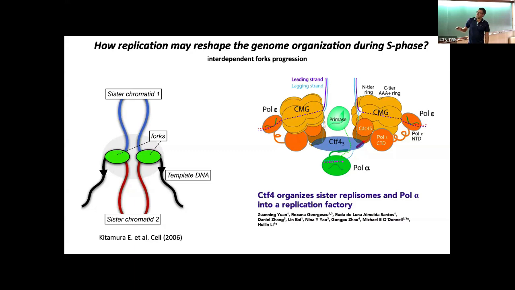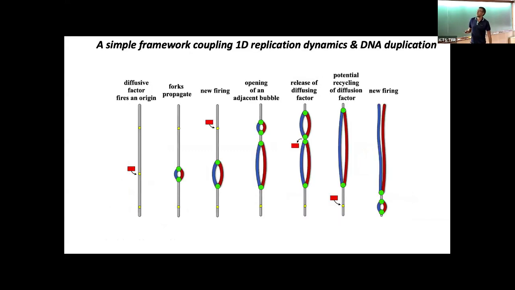There is potentially old evidence by the Tanaka group in yeast, and I will discuss that experiment later. There is also potentially molecular evidence that some proteins, like CTCF, might regulate these interactions between sister forks. So there are different degrees of association, locally and at large scale.